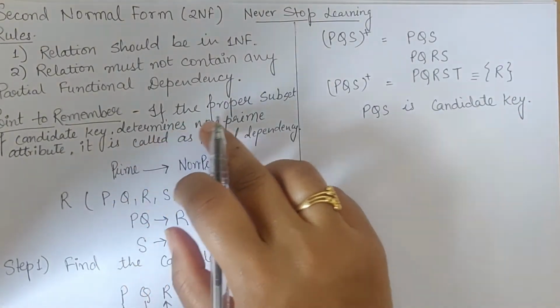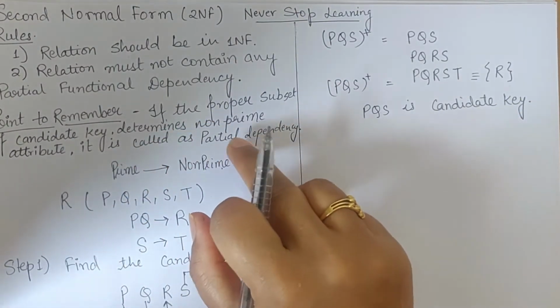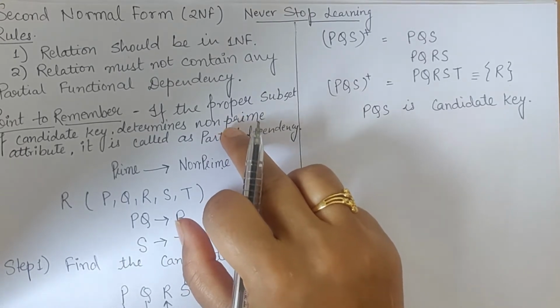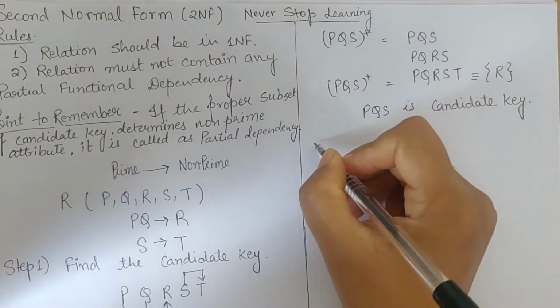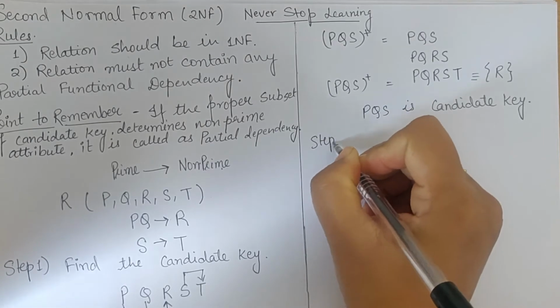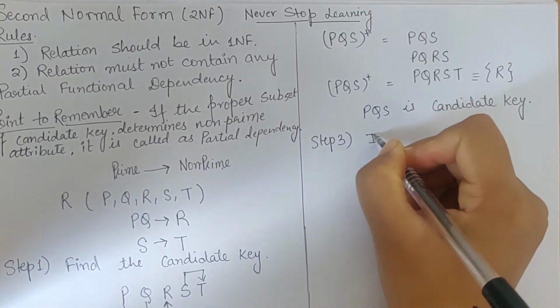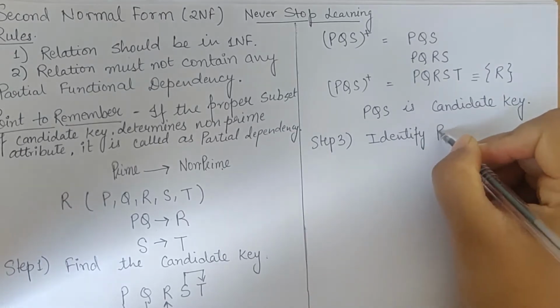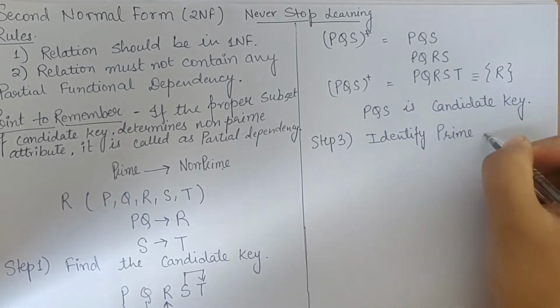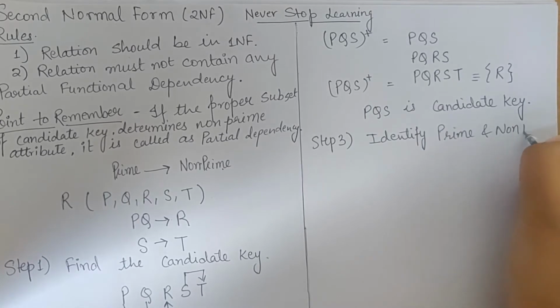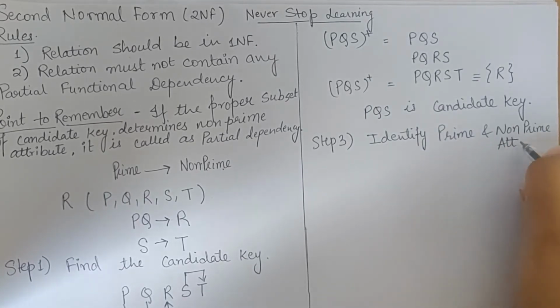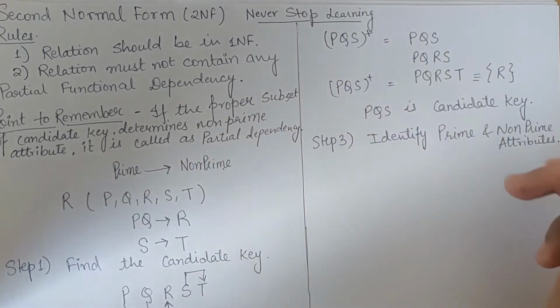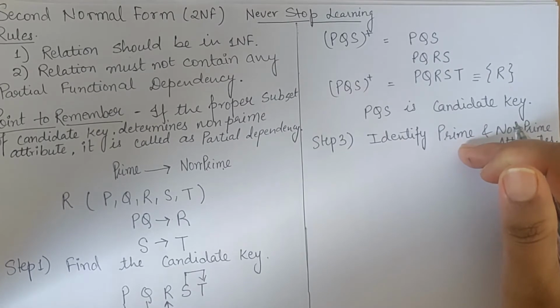After that, if you see the definition of partial dependency, it depends on prime and non-prime attributes. So third step is to identify prime and non-prime attributes. So here we go. Who are prime attributes?